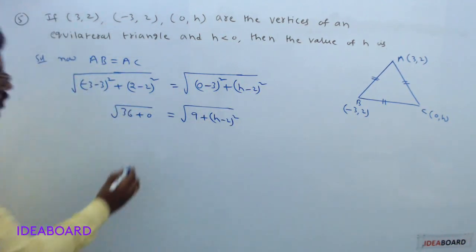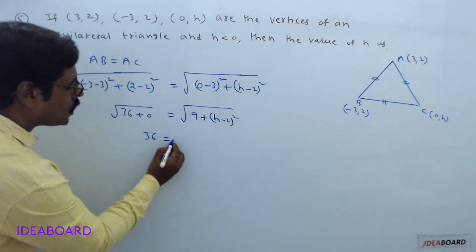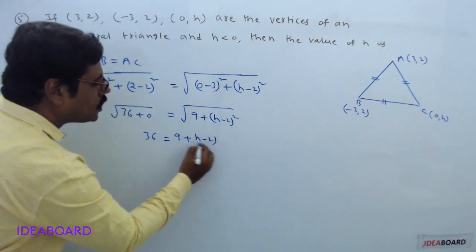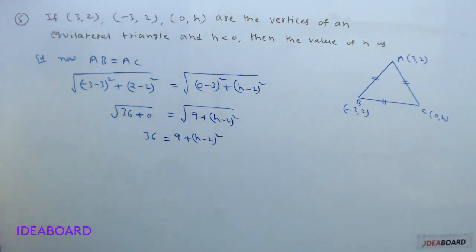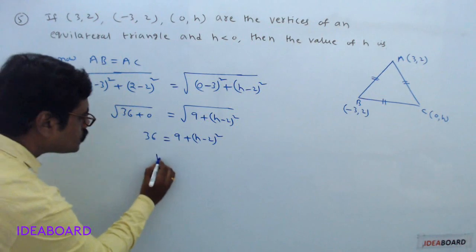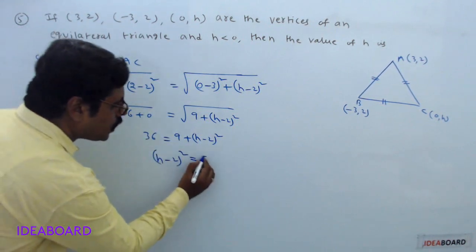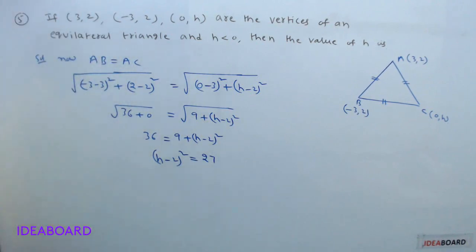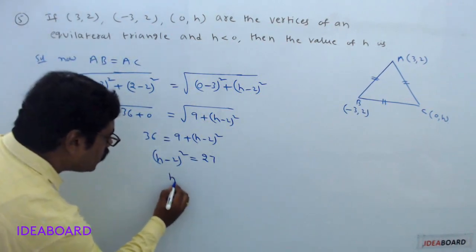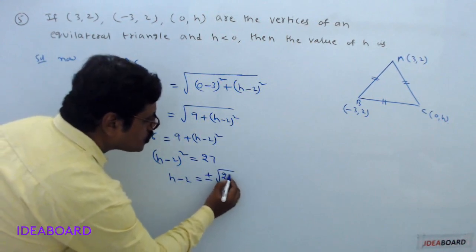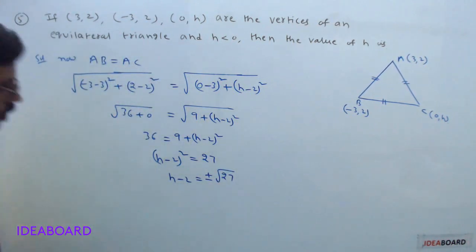Squaring on both sides, LHS will be 36, RHS is 9 plus (h minus 2) whole square. Bring this 9 from RHS to LHS. So (h minus 2) whole square equals 36 minus 9, it is 27. So h minus 2 equals plus or minus square root of 27.